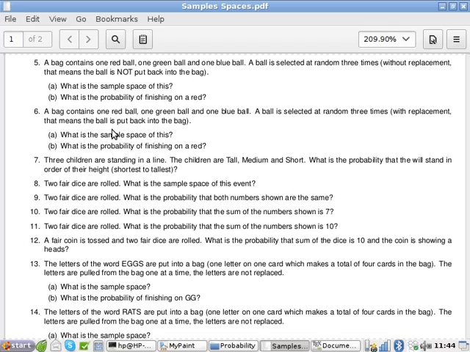Okay, 2, 4, 3, 4, and we only have 2 bags.